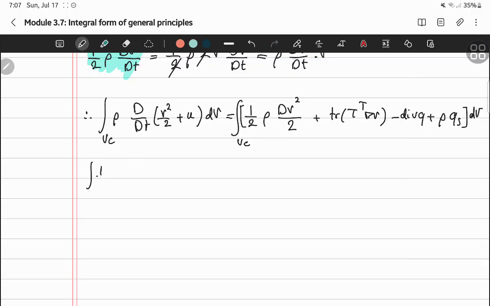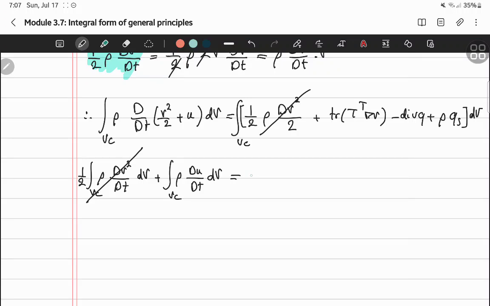So I can take half in here. So this is rho dv squared dt dv plus rho du dt dv over Vc. So we can cancel out this one with this one.